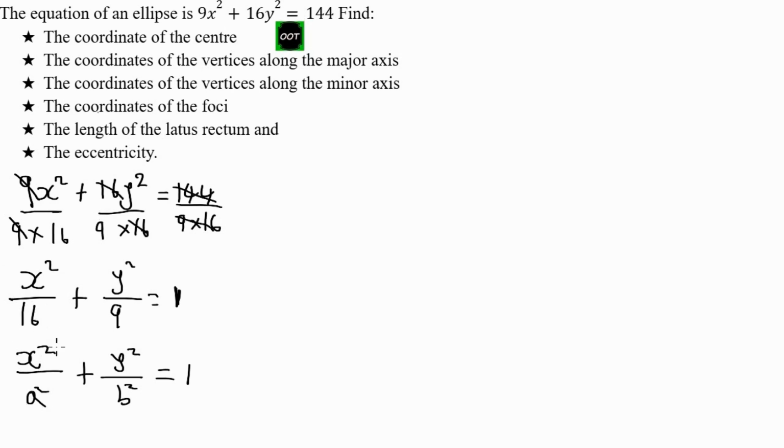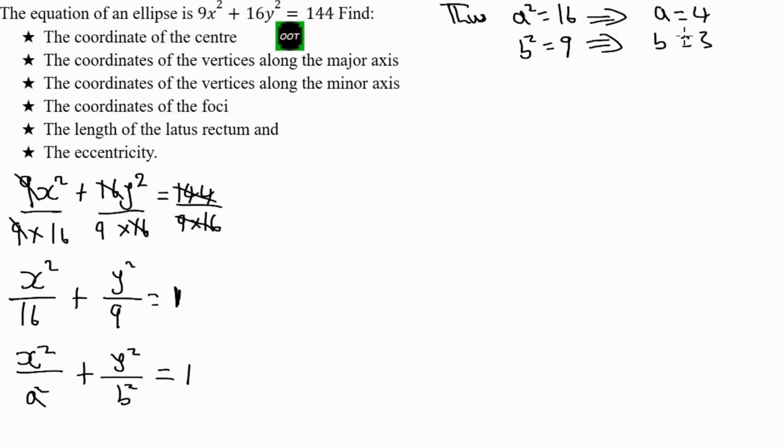So a squared is 16, and it implies that a is equal to 4, by the time I take the root of both sides. Similarly, b squared is 9, and it implies that b is equal to 3. Perfect. Please, are you following?